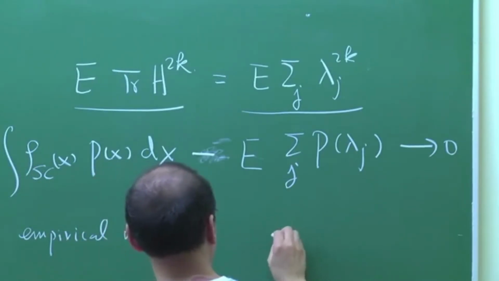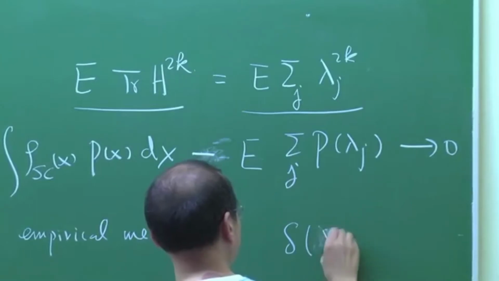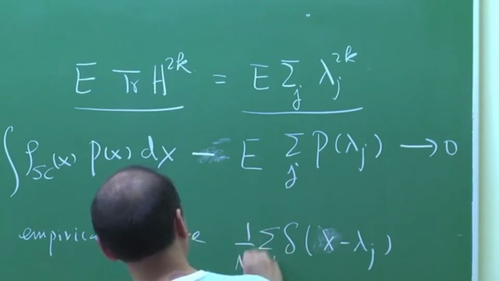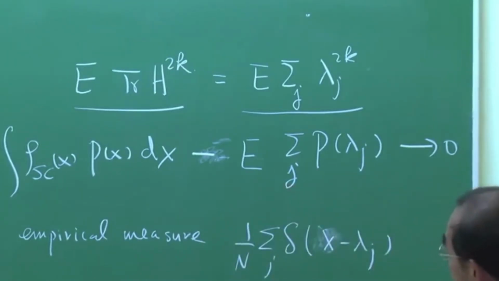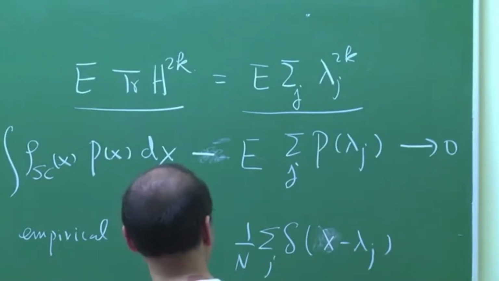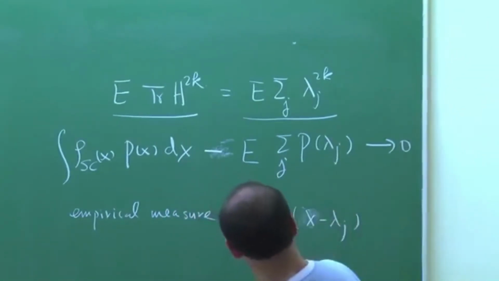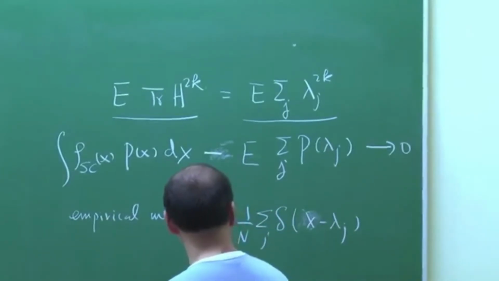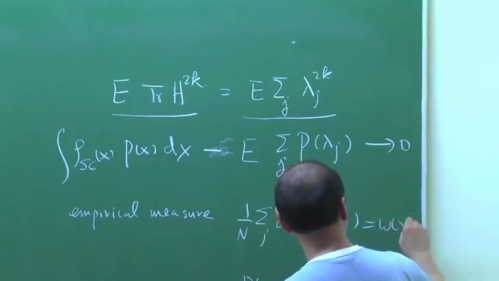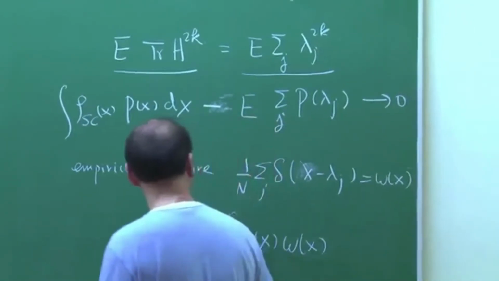The empirical measure is the sum over j from 1 to n of delta of lambda x minus lambda j. What you prove is that this is p of lambda j, which is p of x omega of x dx.